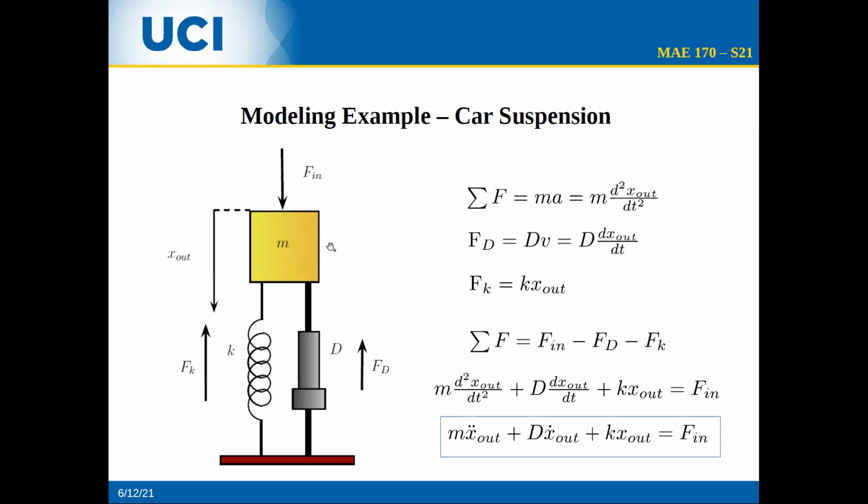And so mathematically speaking, that will be translated into one second order ordinary differential equation. Second order because we have a variable that is the position of the mass, x output, that appears with its second derivative at most.